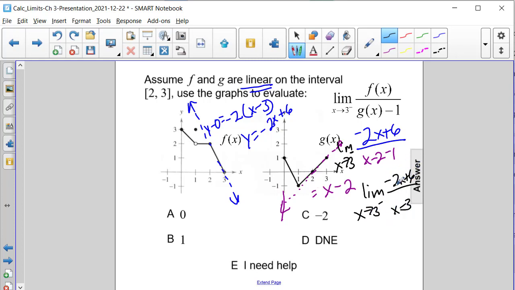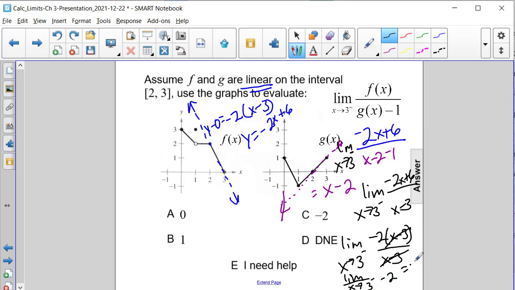Notice we have 2 even numbers in the numerator, so we can rewrite it. So we have the limit of -2 times (x minus 3) divided by x minus 3 as x approaches 3 from the left. Notice these two factors cancel out. So now we have the limit of -2 as x approaches 3 from the left.